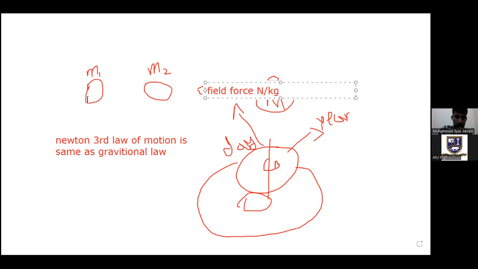So now we will consider the value of g. This is the small g, and its value is 9.8, also called the acceleration due to gravity. It is equal to G M_E over (R plus h) whole square.